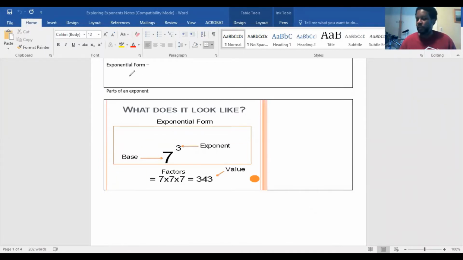Exponential form is writing the exponent as a superscript of the base.